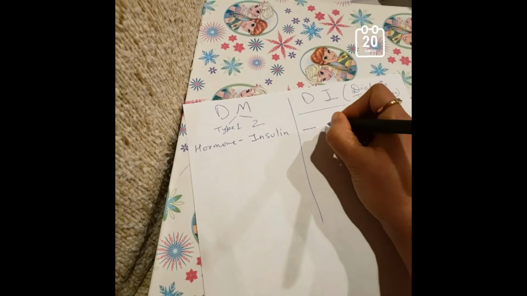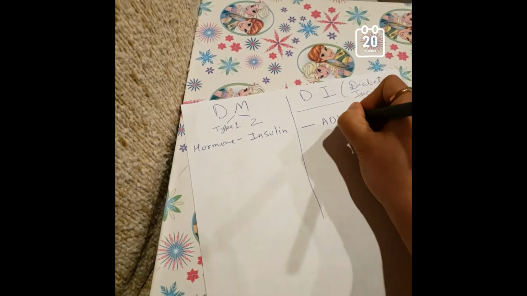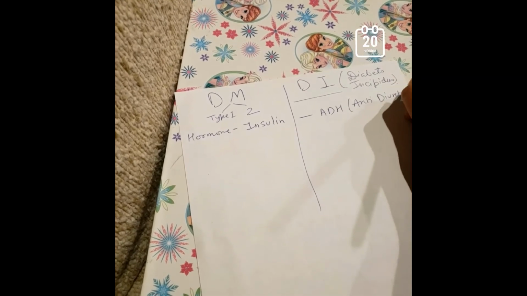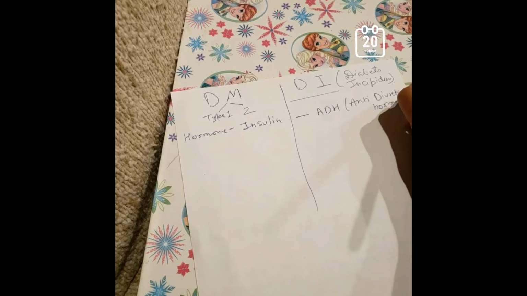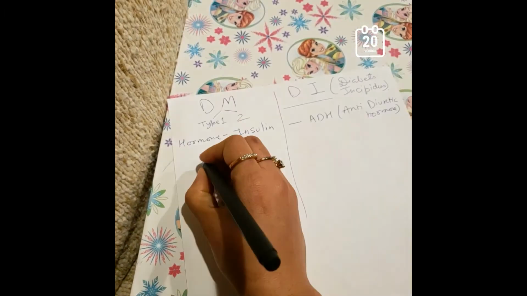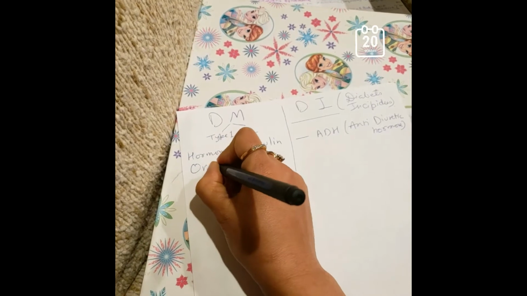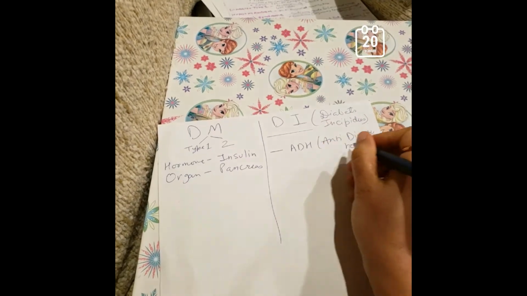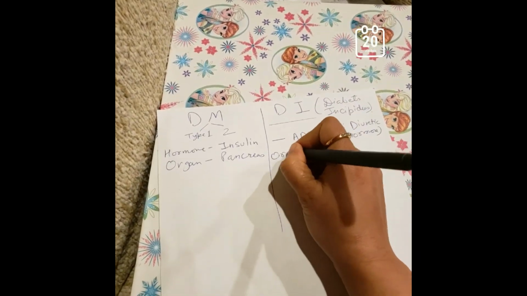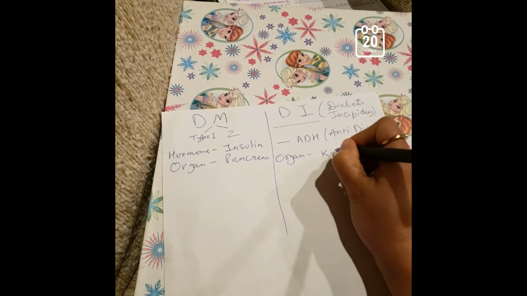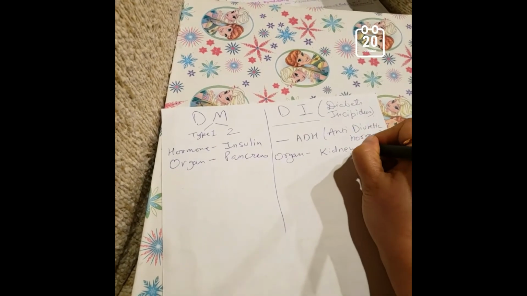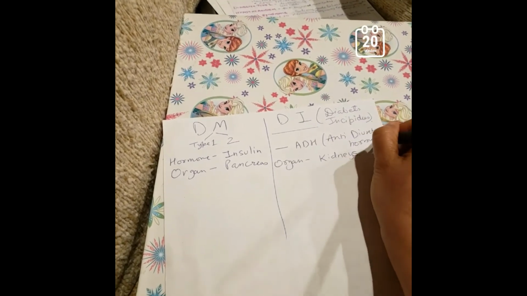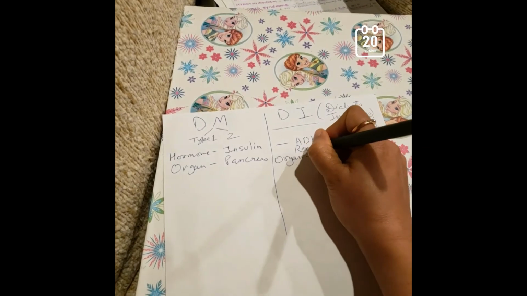And here the hormone involved is ADH, or antidiuretic hormone. In diabetes mellitus, the organ involved is the pancreas, whereas in diabetes insipidus, the organs involved are the kidneys. So along with the antidiuretic hormone, its receptor may also be involved.